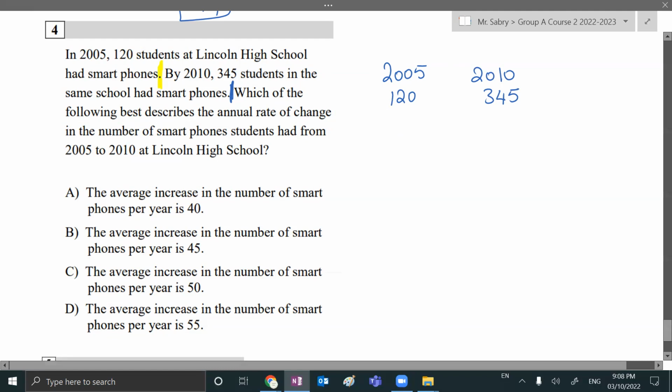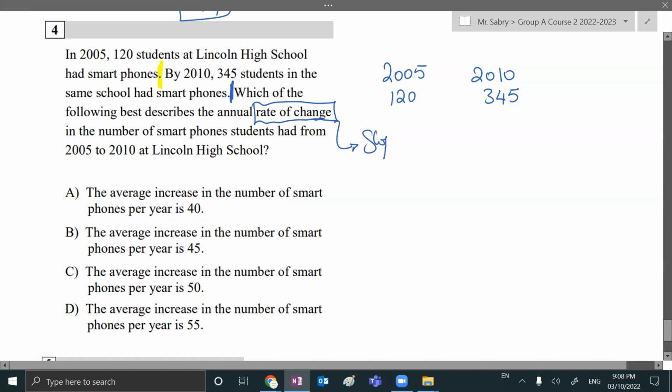Now, which of the following best describes the annual rate of change? That's a keyword. That's a word that you've heard so much so far, so it should represent something. The rate of change in the number of smartphones students had from the year 2005 to the year 2010 at Lincoln High School. So what do I know about the word rate of change?